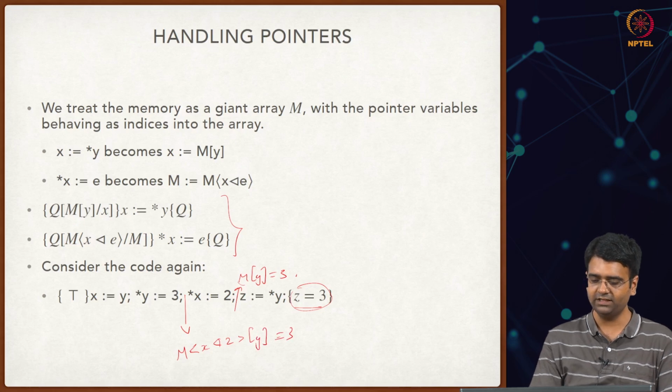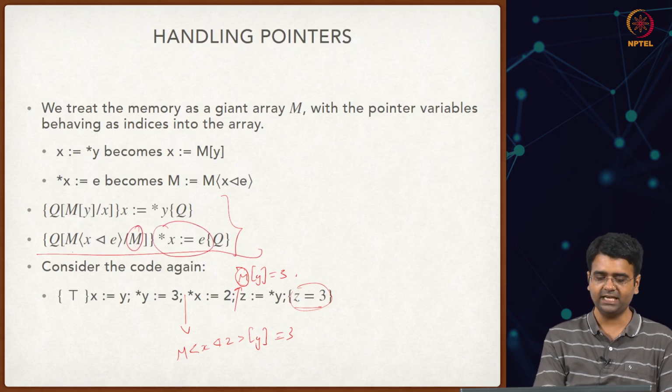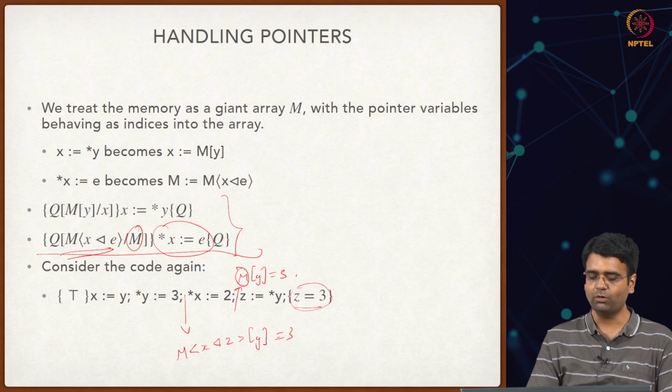So all we have done is, wherever I see m, I am going to replace it with this modified array. Here there is one occurrence of the array m, and I replace it with the modified array, where the modification is obtained by saying that the value at the index x is now equal to 2.